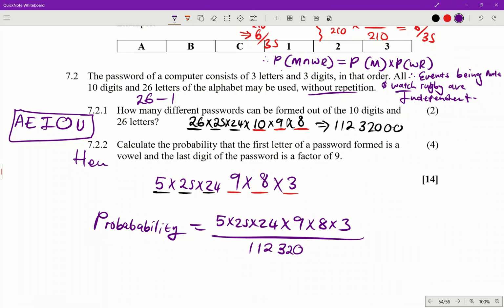Always the first answer, that's the total. The first answer, you're going to use it for your second question. It's like this, for instance, in calculus.